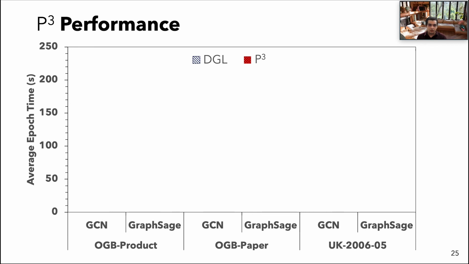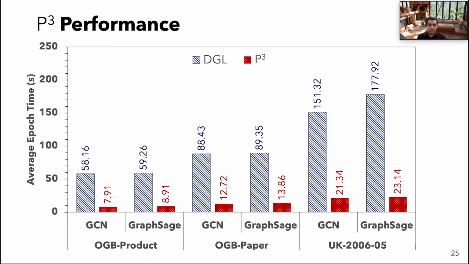X-axis also shows the GNN architectures used in this experiment. The y-axis shows the epoch time in seconds, averaged over several runs. We see that compared to P-cube, DGL takes more time per epoch, and that the performance gap widens as graph size increases. P-cube's up to 7x speed up compared to DGL can be attributed to reduced network overhead.